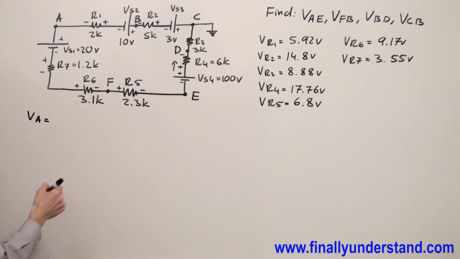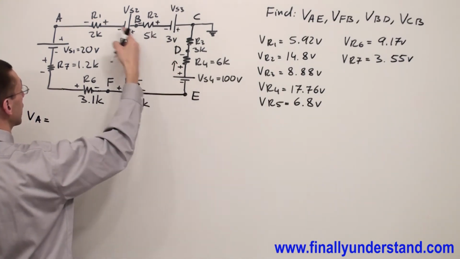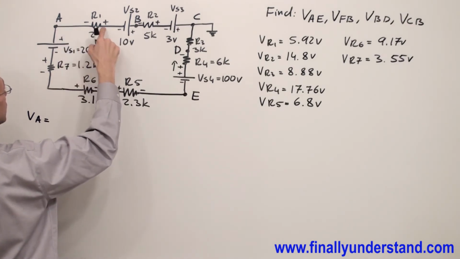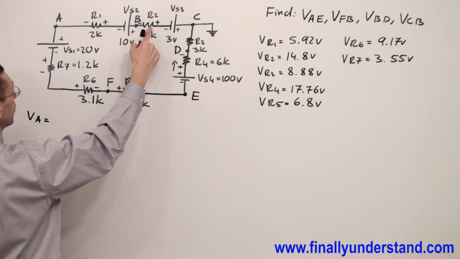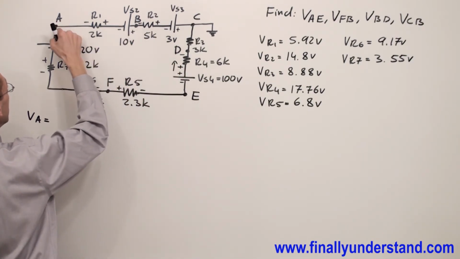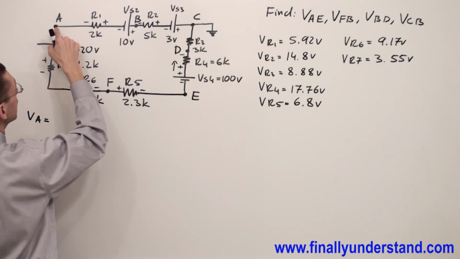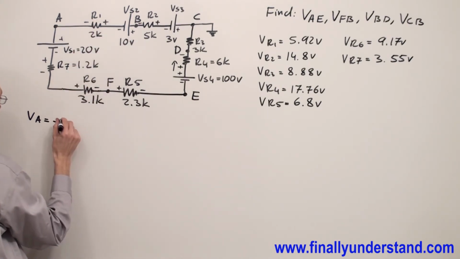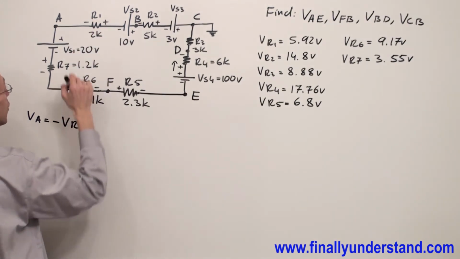We said that the current goes counterclockwise, and we are going to have the signs positive and negative, positive and negative, positive and negative. If you want to find voltage A, VA is going to be nothing else but negative VR1. Why negative?